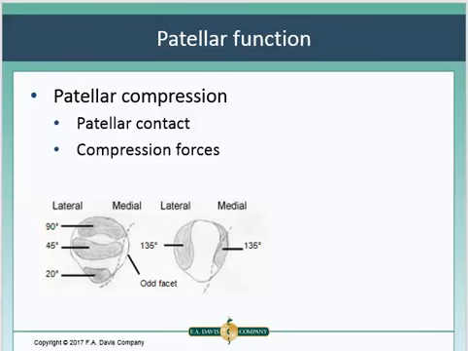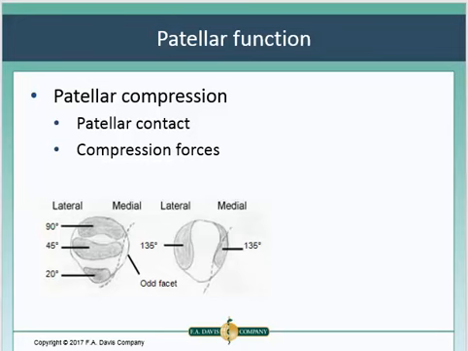So when the knee is in complete extension, the patella is actually superior to that trochlear groove, and there's not a whole lot of pressure, if any, of that patella onto the femur. But as you start to flex the knee, at about 15 degrees, you start to get some compression into that trochlear groove of the femur.